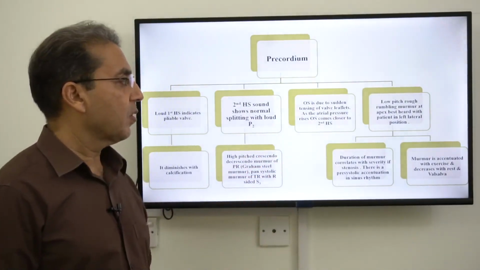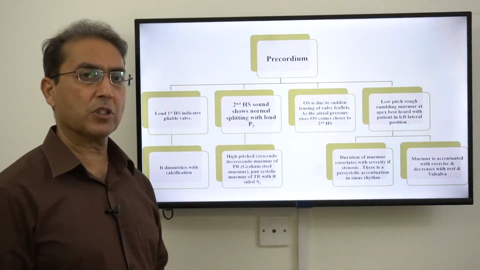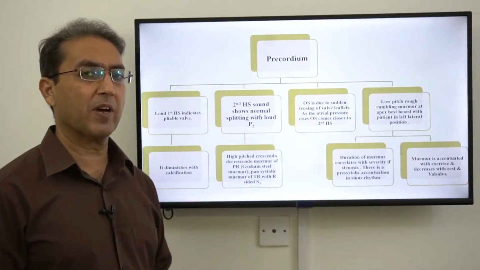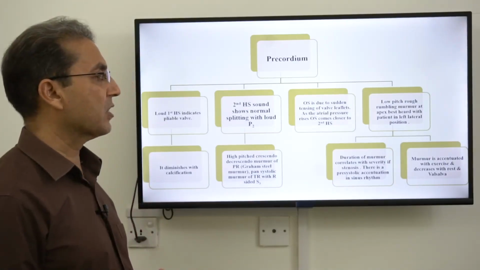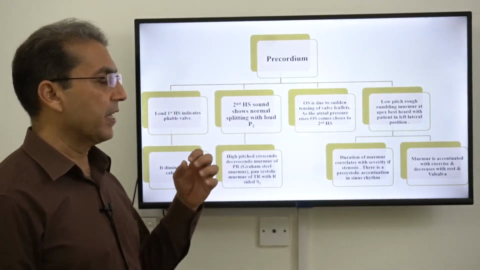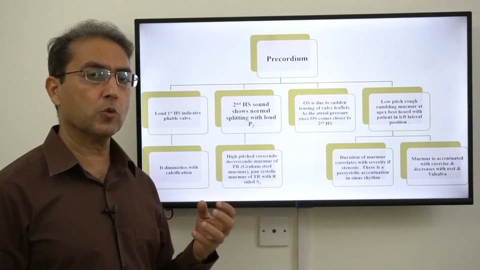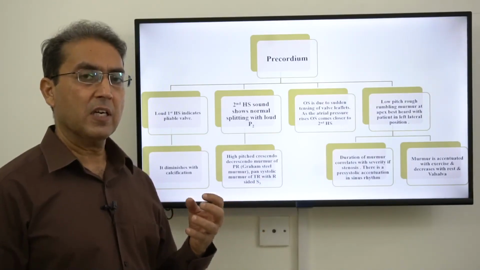Opening snap. Opening snap is a characteristic feature of mitral stenosis. It reflects a pliable valve. It's a high-pitched sound which is heard just after the second heart sound. As the atrial pressure starts rising, the opening snap starts coming closer to the second heart sound.